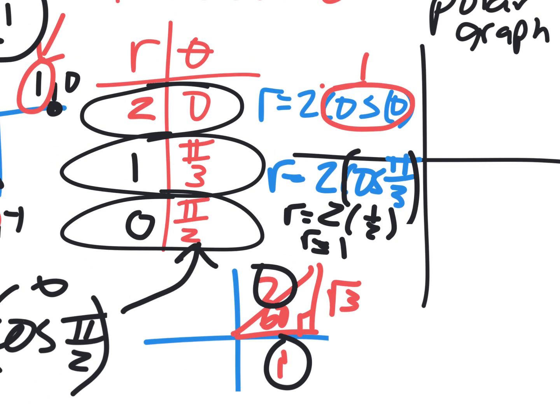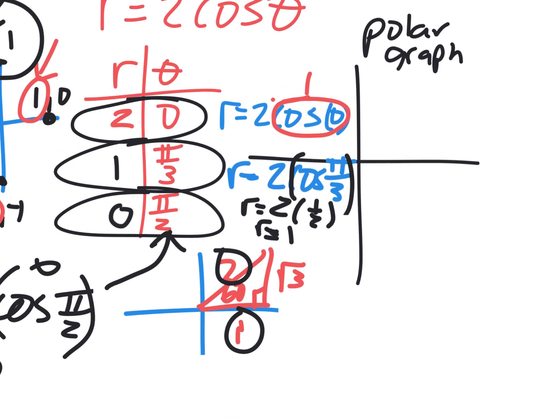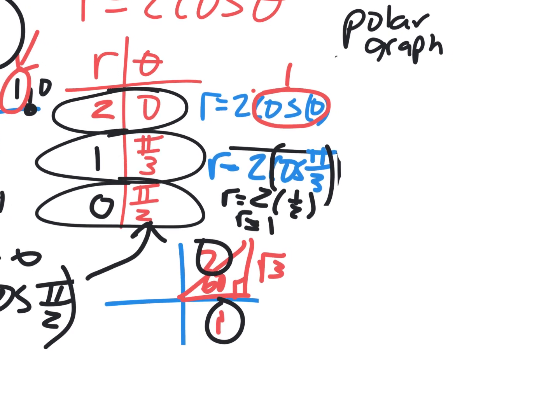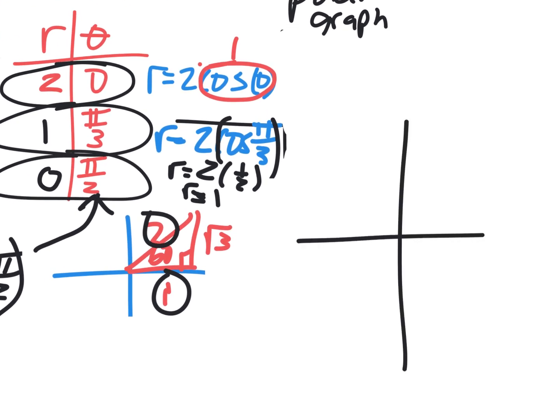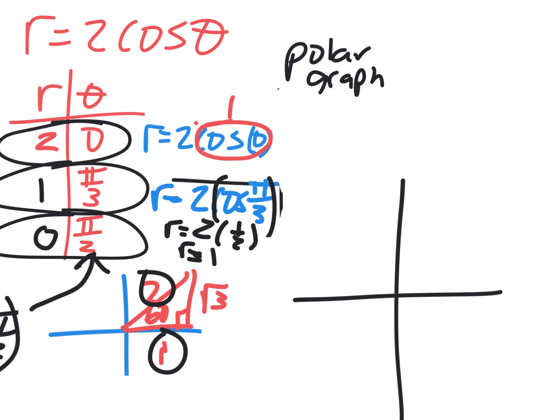To actually graph these now, I'm going to move my graph over a little bit. It's a little bit too crunchy in there. So to actually graph these, remember this is polar now. So it's like a radius 2, but it's not a circle with a radius of 2. It's a radius of 2 at the angle of 0.